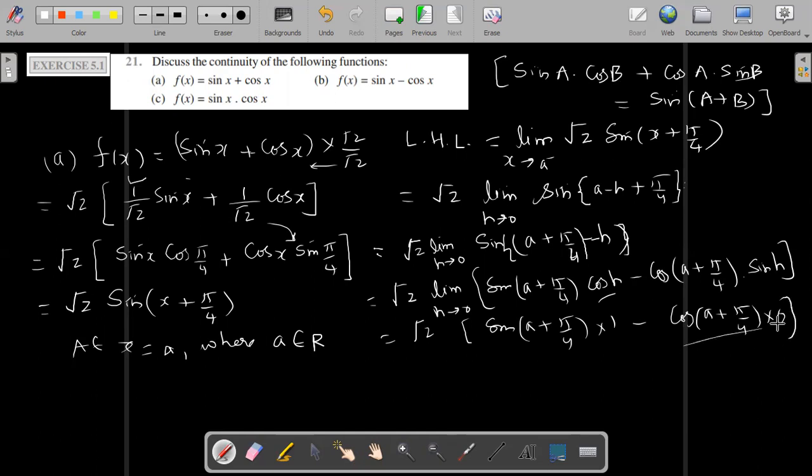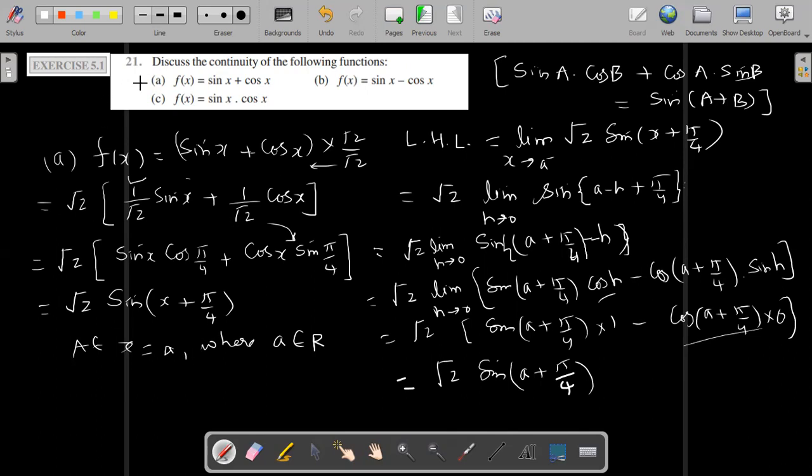So this whole part will become 0, and only this will be left. So we get the left hand limit as root 2 sin(a + π/4). This is our left hand limit.